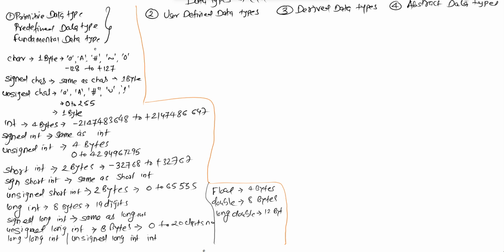It can store even bigger numbers. So these are the primitive data types in C++, and then I'll go to user defined data types.